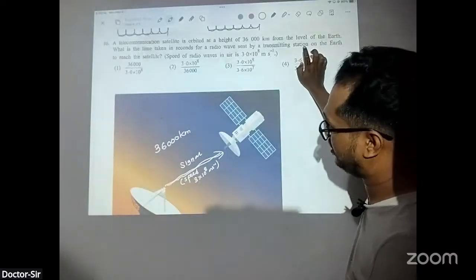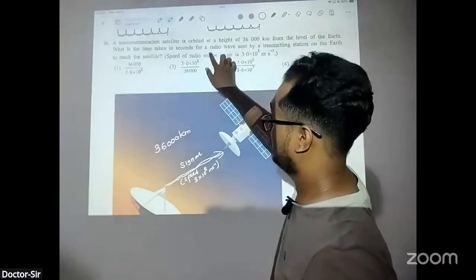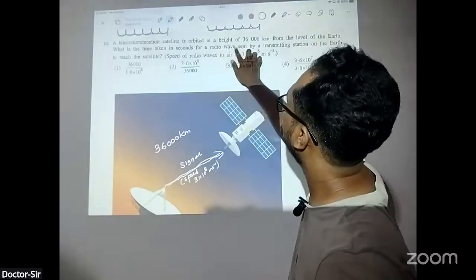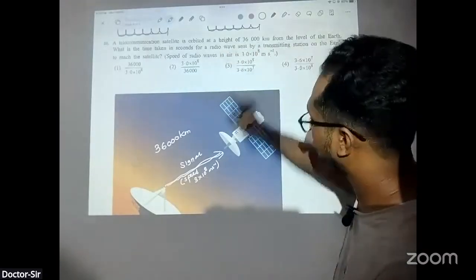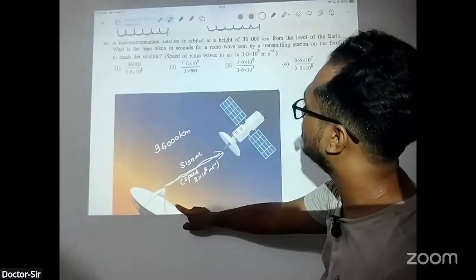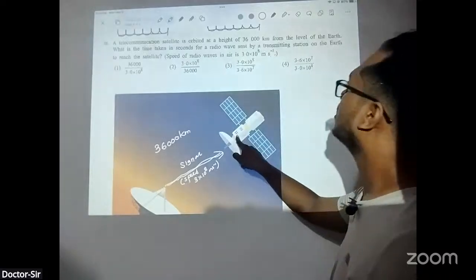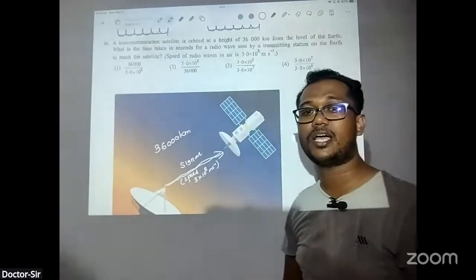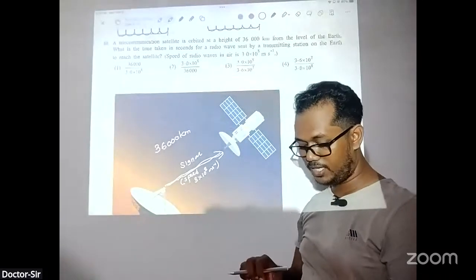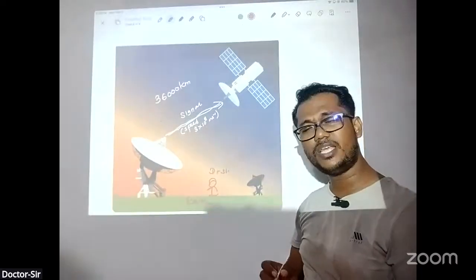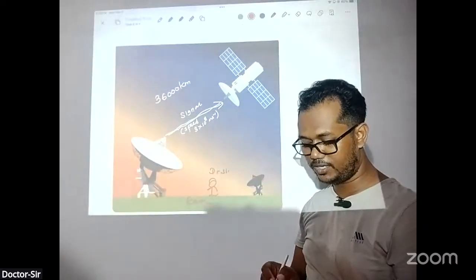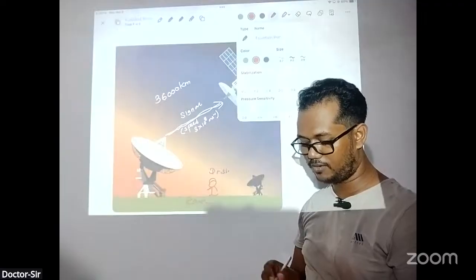What is the time taken, in seconds, for radio waves sent by the transmission station on the Earth to reach the satellite? We have to find the time. So what can be here? Which simple equation? A very simple one. What is it?